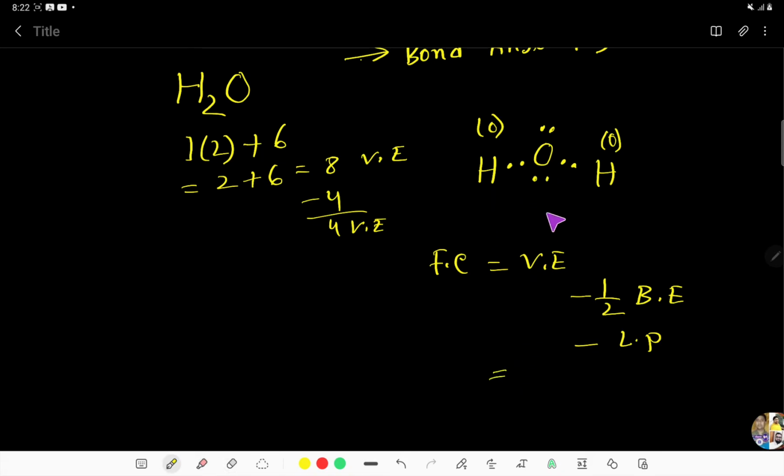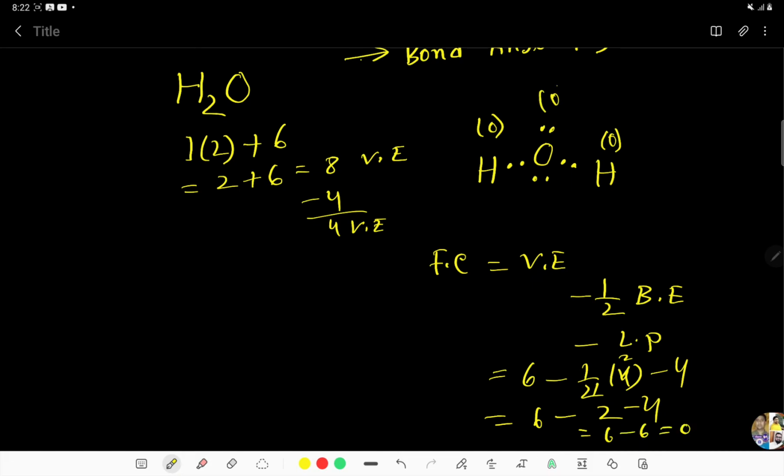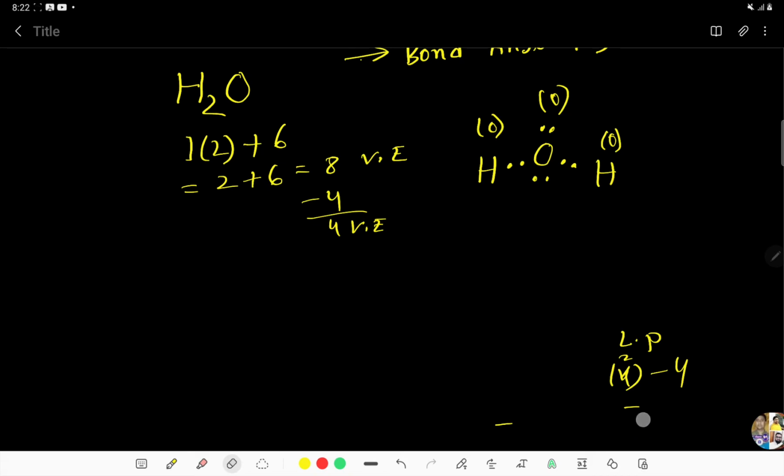Now let us find out the formal charge for oxygen. In a neutral atom of oxygen, we have 6 valence electrons, then we take half of bonding electrons. Bonding here is 4, so half of 4 is 2, then minus lone pair electrons. Here we have 2 lone pairs, that is 4 electrons. So 6 minus 2 minus 4, that is 6 minus 6 equals 0. So this oxygen has 0 formal charge, right? Let me show you another way to find the formal charge for the hydrogen atom and oxygen atom in water.